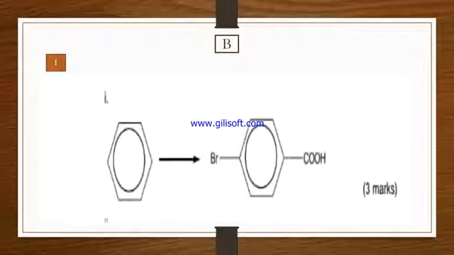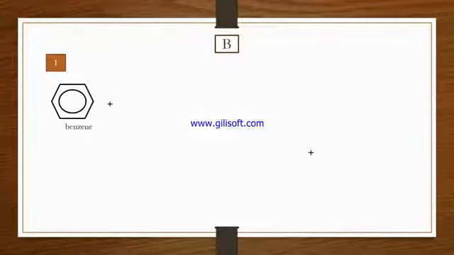In order to synthesize 4-bromobenzoic acid from benzene, first benzene will undergo Friedel-Crafts alkylation with the presence of FeBr3 and CH3Br. The product formed will be toluene.